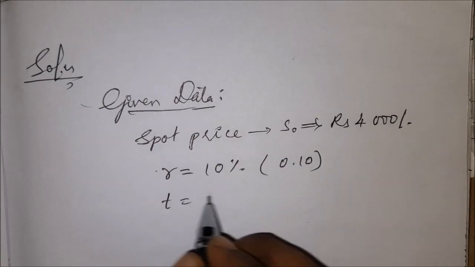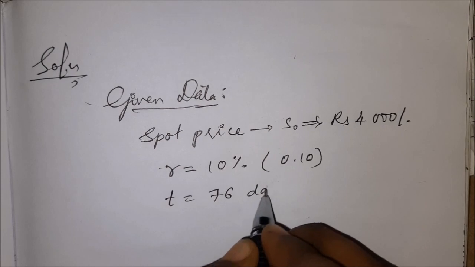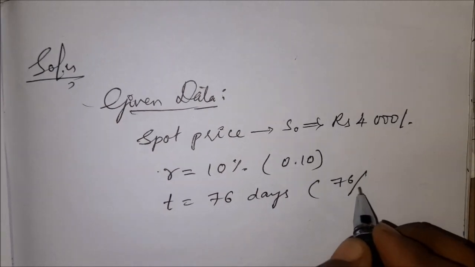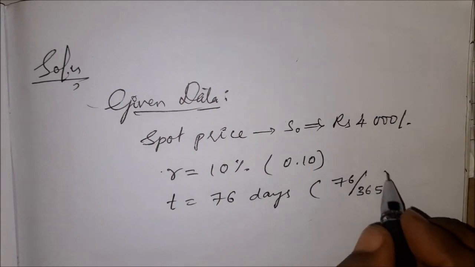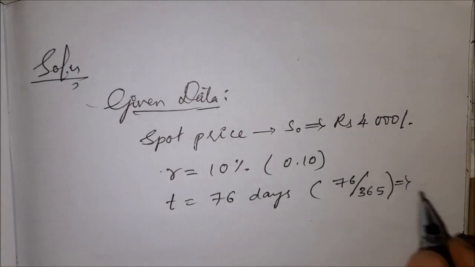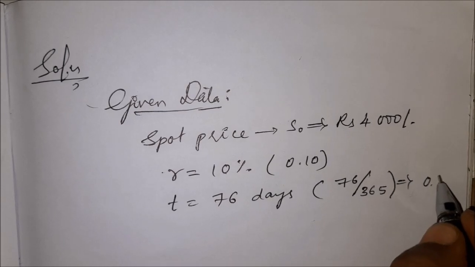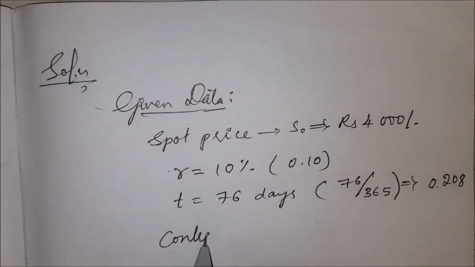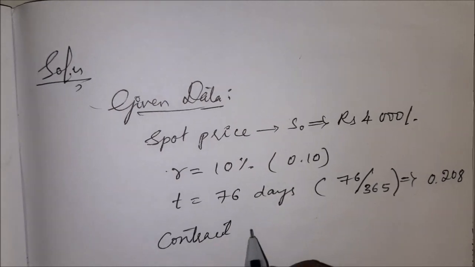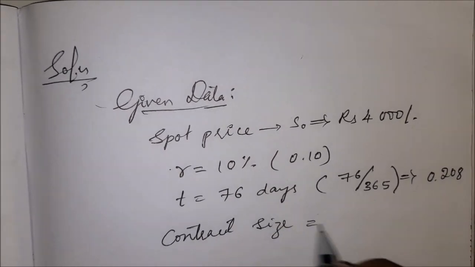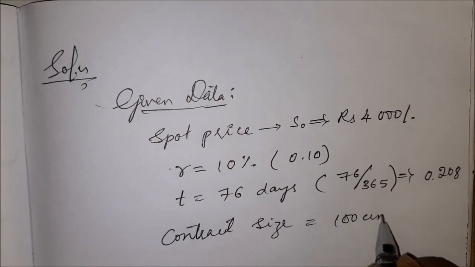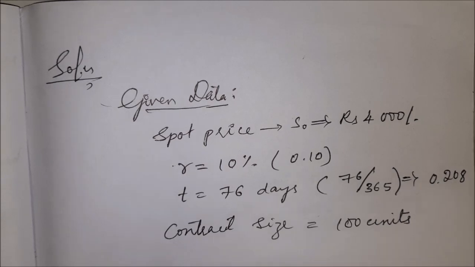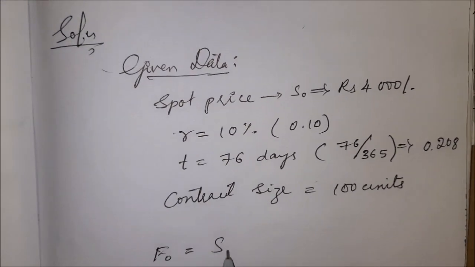Next, T, that is 76 days. It means you have to divide by the number of days per year, 365. 76 divided by 365, you will get 0.208. Next, contract size, it is given in the problem as 100 units. So what is the formula for calculating?